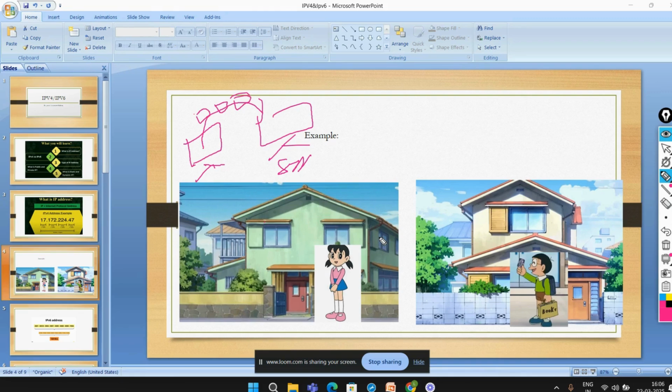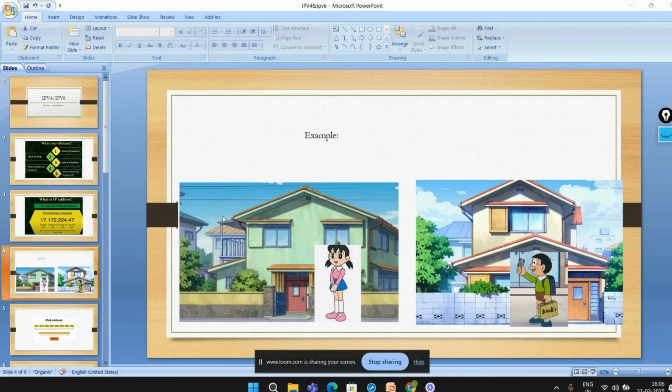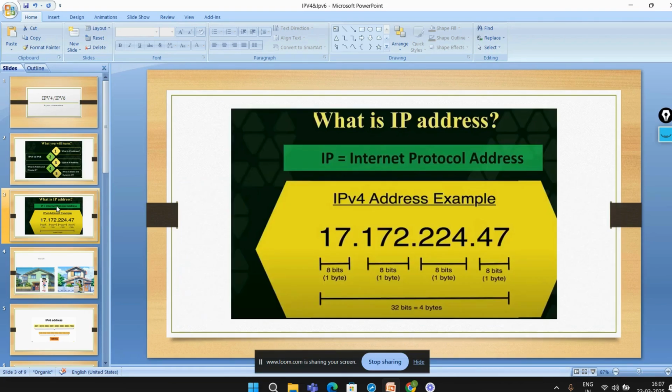That's why he goes and shares the books and wants to study, and you know what, they eat snacks as well. So if Nobita wants to share something with Shizuka while studying or playing, he must know the address of Shizuka's house. Similarly, when we send data from one system to another system, we must know the address of the system.